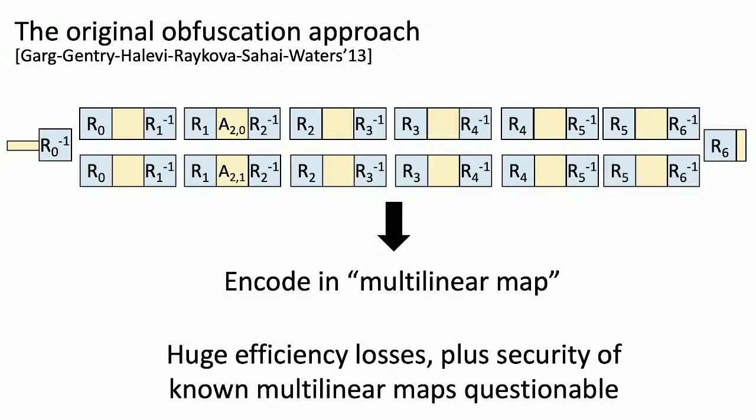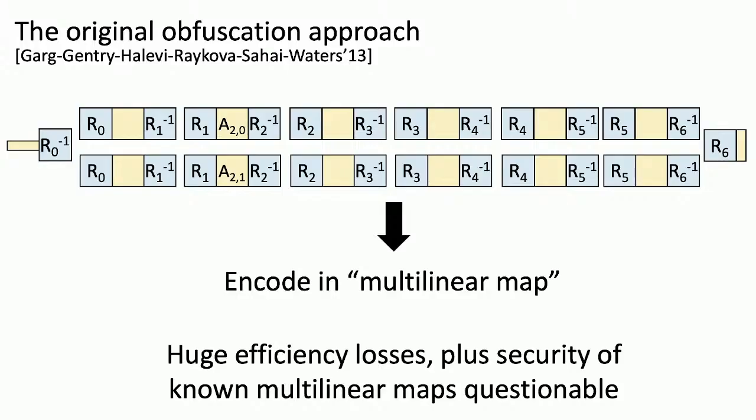There are techniques to force you to do this input consistency, and you can't do matrix division because of the rules of the multilinear map. And we can actually show that if your multilinear map is generic or ideal, then this works and it's secure.